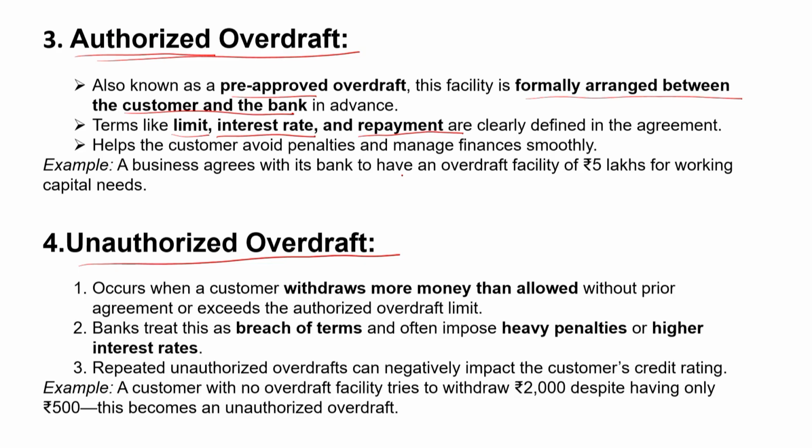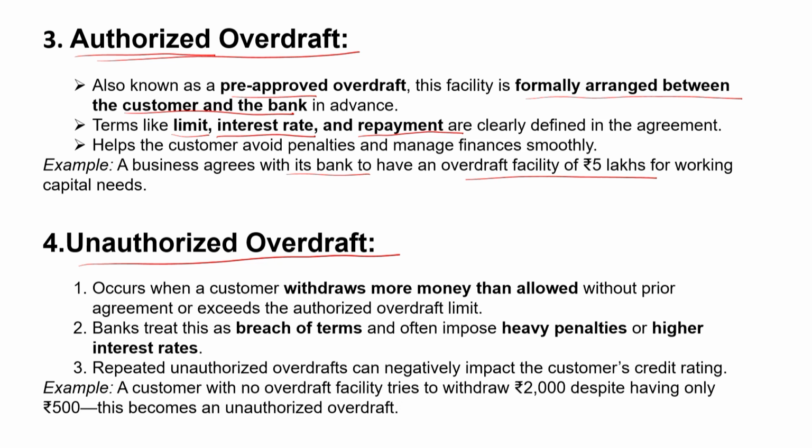For example, if a business agrees with its bank to have an overdraft facility of 5 lakh for working capital needs, they will discuss with the bank prior to taking the loan what the interest rate will be, how the repayment will be made, and what the pre-approved limit given by the bank to the business will be. So in such cases there will be less penalty, and management of the business finance will also be easier for the business owner.